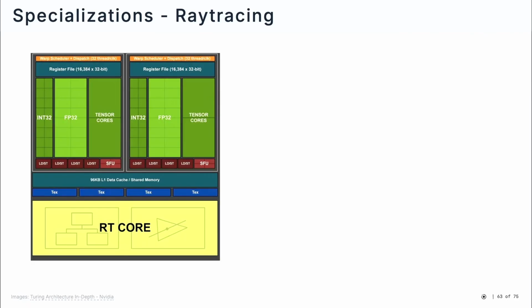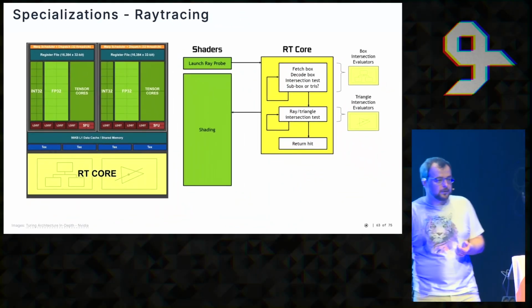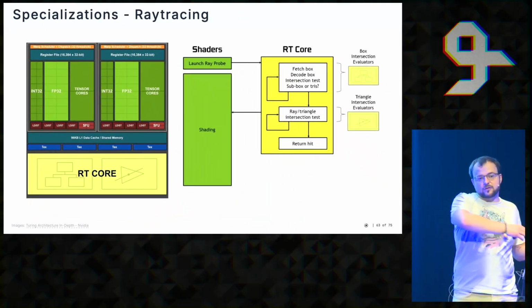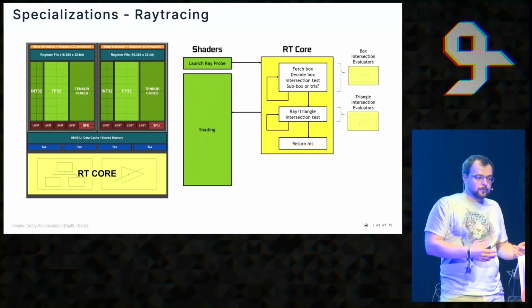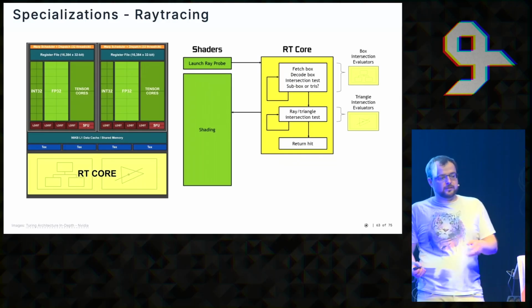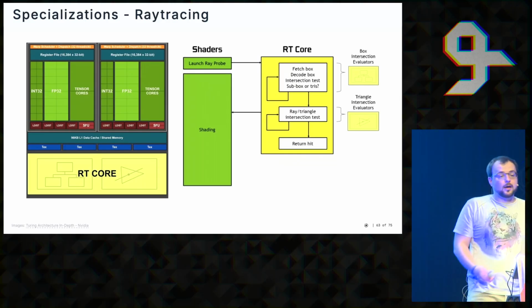It's just specific units that do the bounding volume hierarchy traversal for you, and the triangle intersection as well, separately. So you have hardware that can handle that very efficiently in single cycles, ideally. And the shaders can then just launch ray probes and ideally very quickly get a response for them, which is what these typically RT cores, or however they're called in the other architectures, are for.